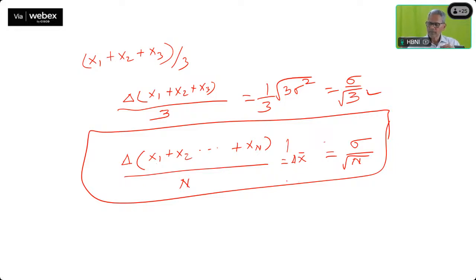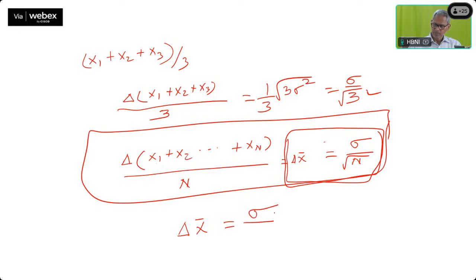So you remember, the uncertainty or standard error on the average is equal to sigma by root n. What is the error in one measurement divided by the square root of the number of measurements you have taken?